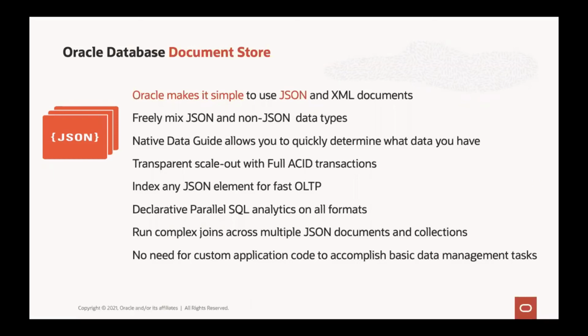It is completely transparent for the applications, and you can query the JSON data via traditional SQL, even using parallel SQL for analytics to query multiple JSON documents at the same time to access huge amounts of information for your business analytics queries.